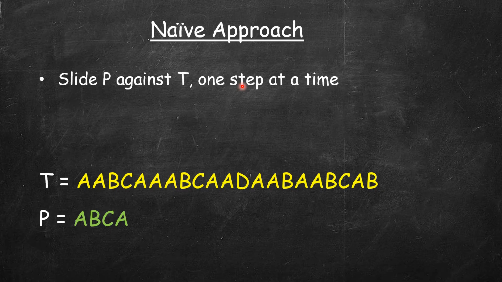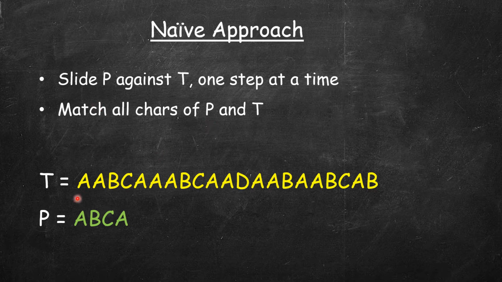So what can be the time complexity? We slide one at a time, so we will reach the end in exactly n minus m steps, because we will not move beyond the last four characters. This will be the last window. So this is linear.